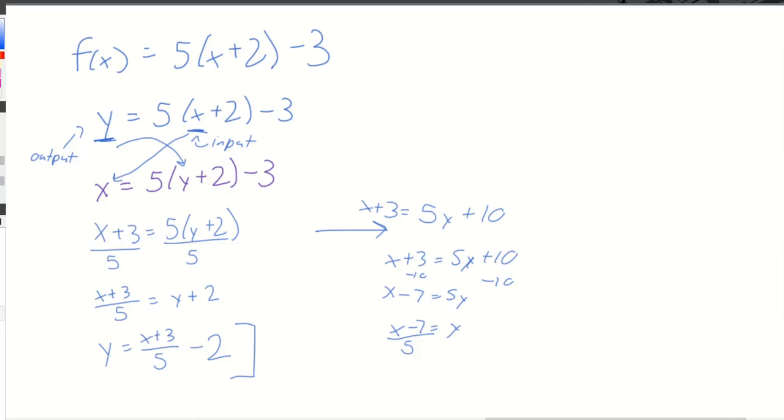Back to the problem. Did we check it? Did you check this one? Anyone? No. Okay. This is also a way to find an inverse besides just looking at the domain and range or checking it. So all you have to do, I would put this in your notes 100%.